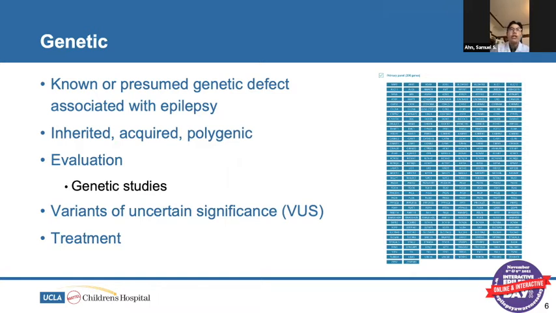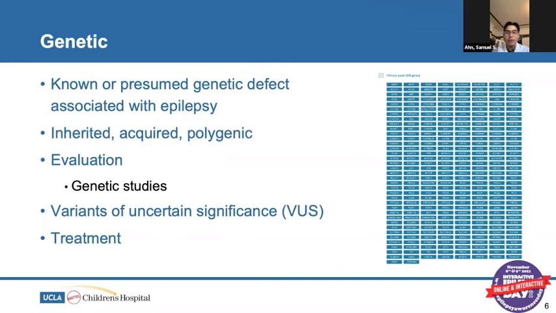Now, polygenic genetic epilepsies refers to types of epilepsies that are the result of changes in many different genes that together, as a sum, add up and lower the threshold for any individual to have seizures. And this often is the case with many of the genetic generalized epilepsies that occur in childhood.